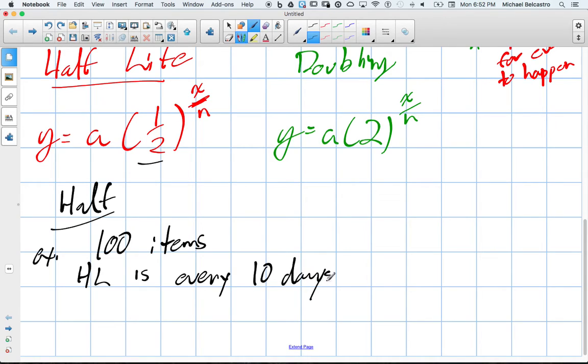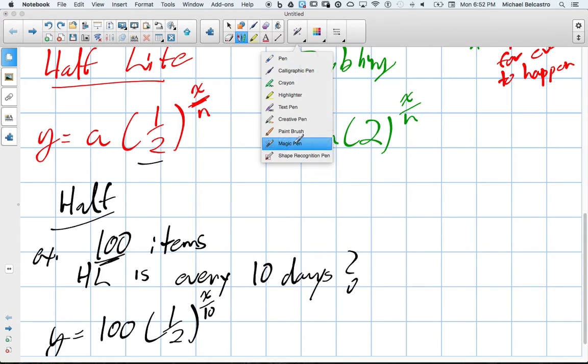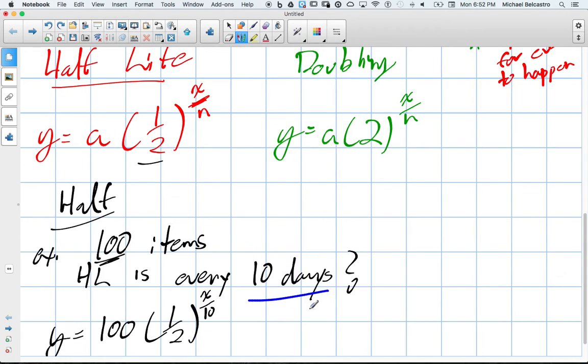How do we set up this formula? Well, our a value is the 100. Because it's half-life, our base is going to be a half or 50%. And the only variable left is x, and it's going to be divided by 10. So in other words, for this event to happen, 10 days have to pass.